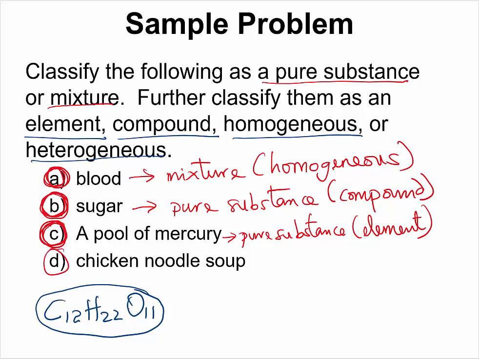And the last question here, chicken noodle soup. Yum yum. Immediately you look at that, you can immediately tell that the noodle is not the same as the soup. So it is a heterogeneous mixture.